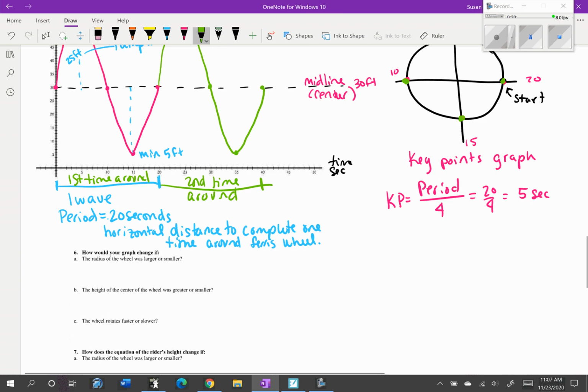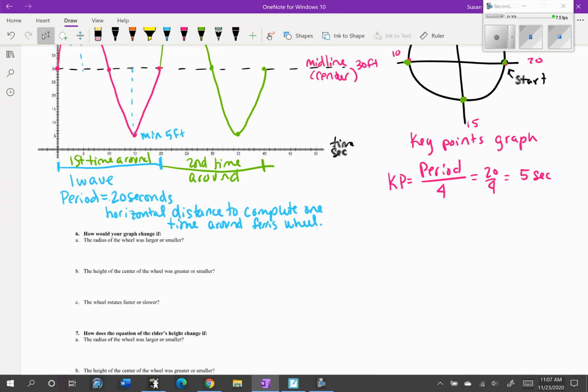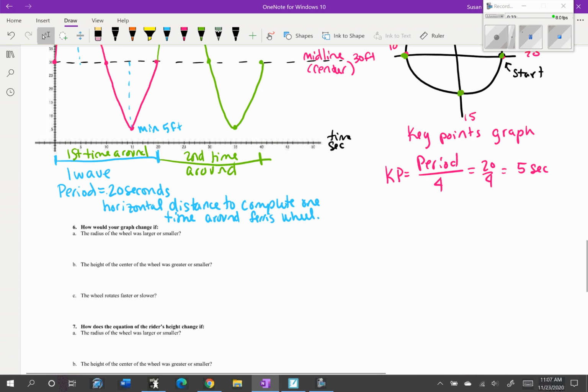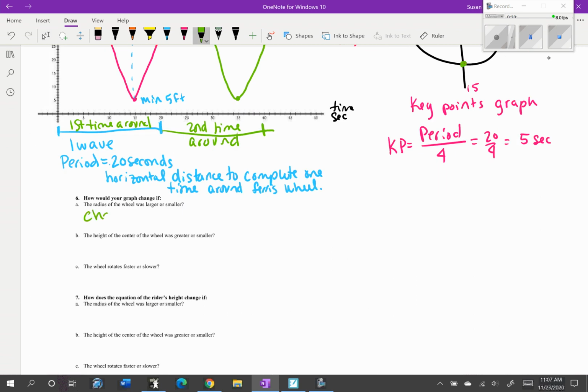So it says, for question number 6, how would your graph change if the radius of the wheel was larger or smaller? So if the radius changes, notice that's the amplitude. So that changes the amplitude, which is the height, how high or low off the ground.